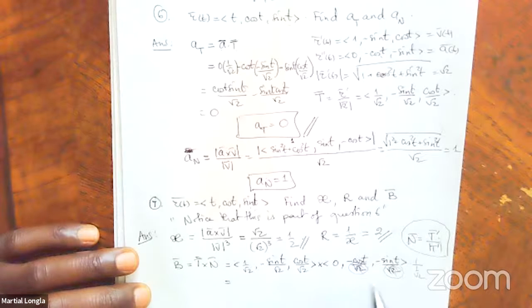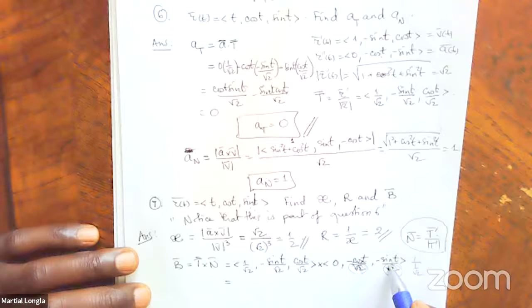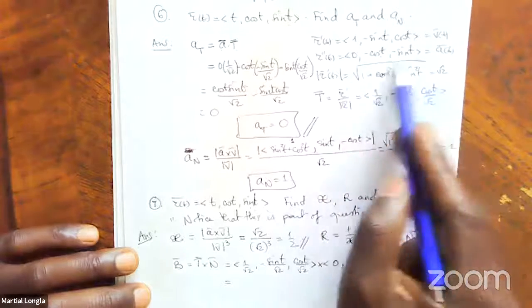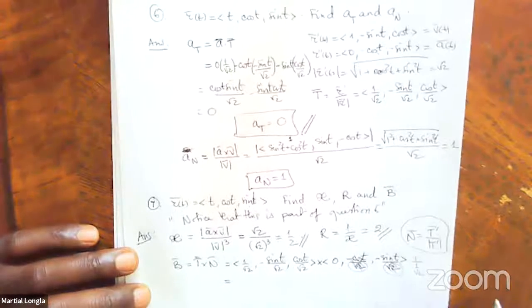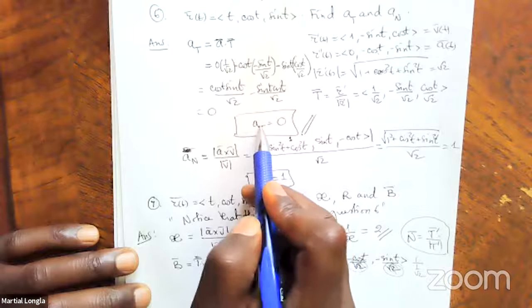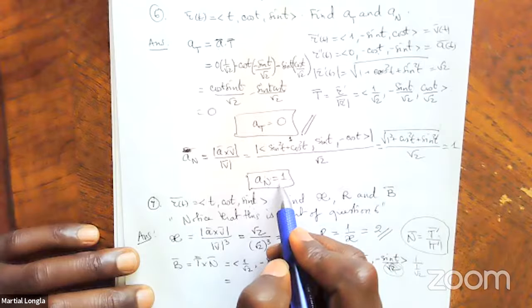And you notice one thing, that this vector, 0, negative cosine t, negative sine t, is exactly the acceleration. Can you see that? That's the acceleration that we found here. And why is it okay? We didn't actually need to do all this work to find that. Because we found that the tangential component of the acceleration is 0, and the normal component of the acceleration is 1, right?